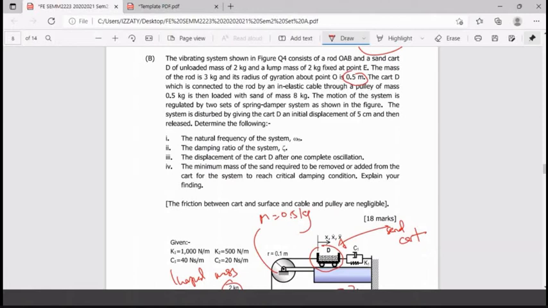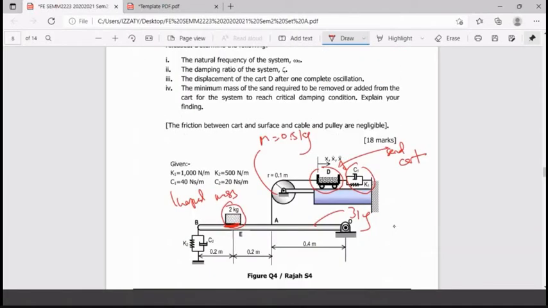Initially it's only 2 kg, the empty container, then you add 8 and it becomes 10 kg, the whole mass now. The motion of the system is regulated by 2 sets of spring damper systems as shown. 1 set, and another 1 set.